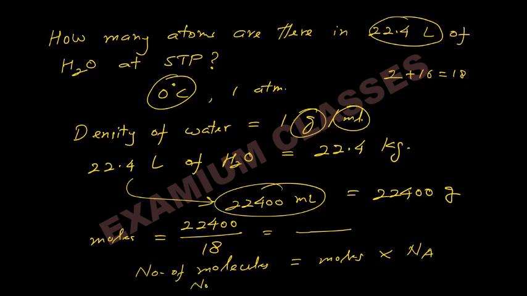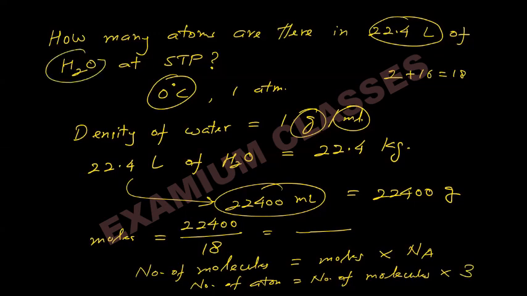Then number of atoms you will get by multiplying number of molecules by 3, because there are 3 atoms, 2 hydrogen atoms and 1 oxygen atom. So that will give you the answer. Is that clear?